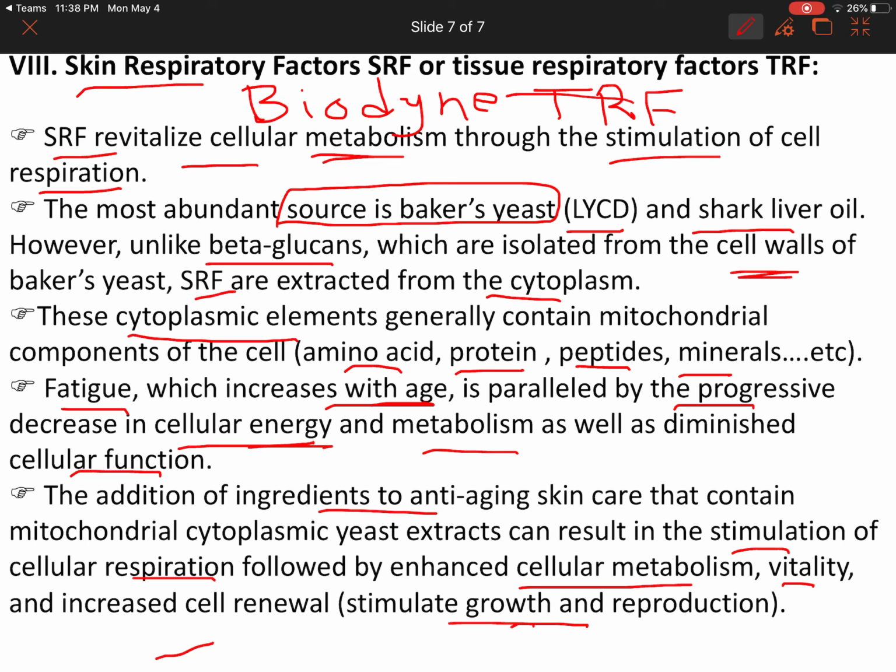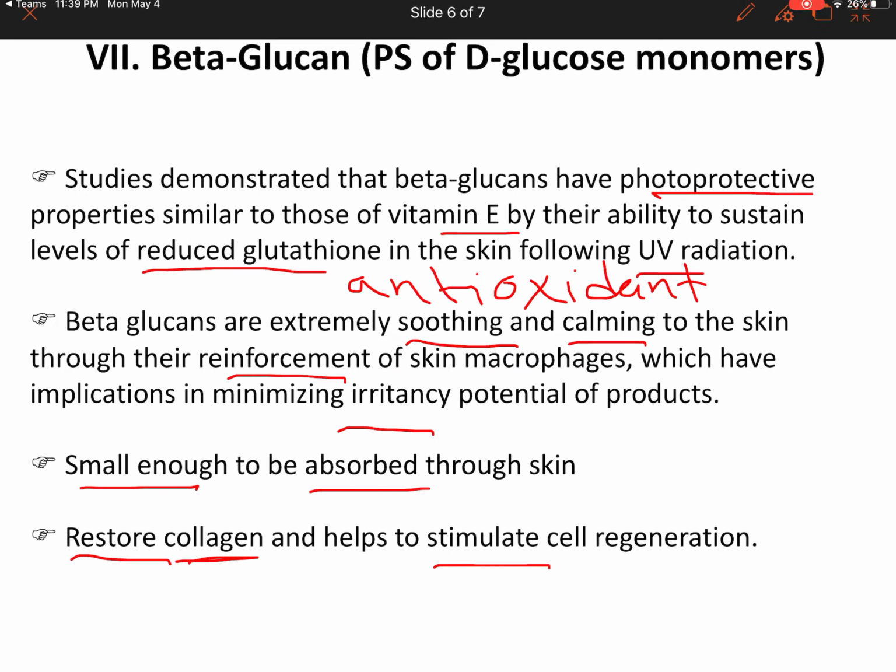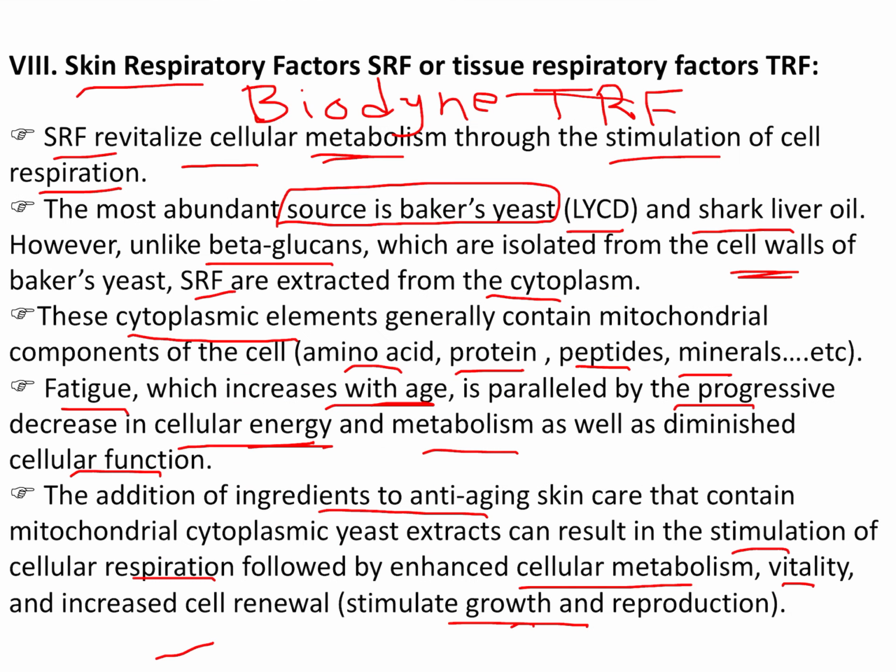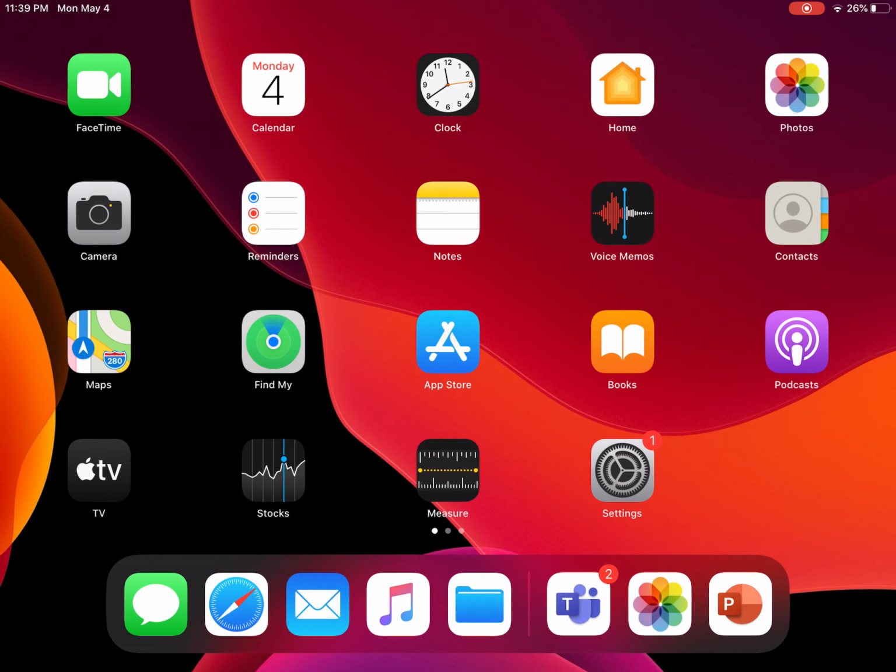That is why skin respiratory factor is one of the anti-aging ingredients. As we noticed, most of the agents used for wound healing are also used for skin aging. This is the end of the lecture. Thank you.